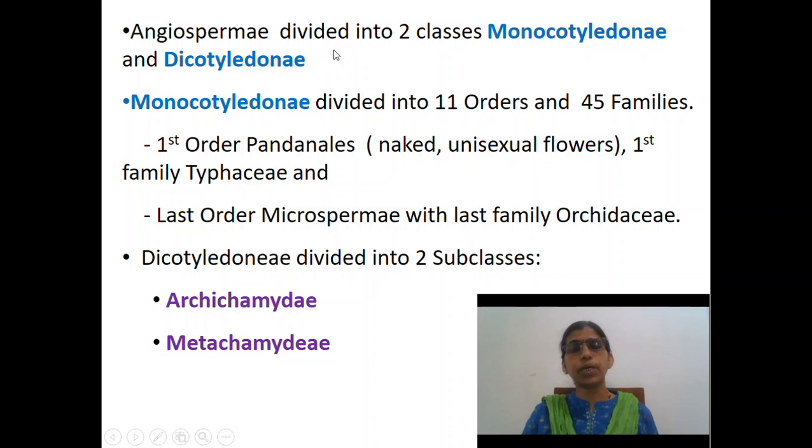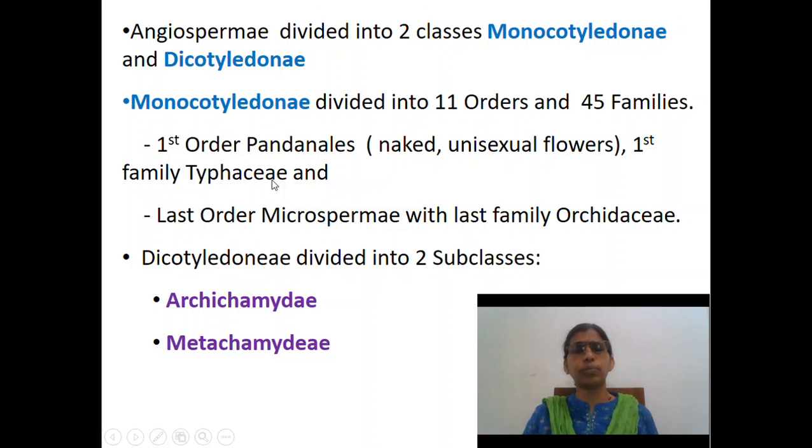The Angiospermae is divided into two classes, Monocotyledonae and Dicotyledonae. The class Monocotyledonae is divided directly into orders. Engler and Prantl considered monocots to be more primitive than dicots. Class Monocotyledonae was divided into 11 orders starting from Pandanales and ending in Microspermae.